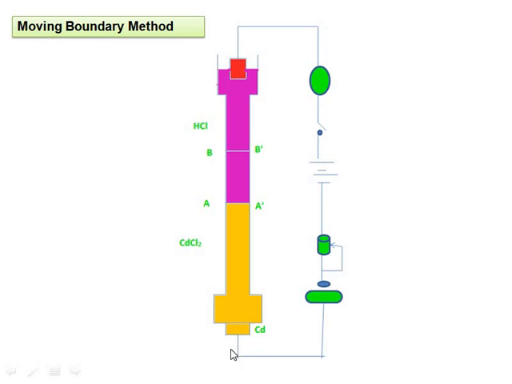The first one is a cadmium electrode, which acts as the anode. HCl is filled in like this. Two boundaries are marked, capital B and capital A. This yellow liquid is filled in as cadmium chloride, and the other liquid is hydrogen chloride.